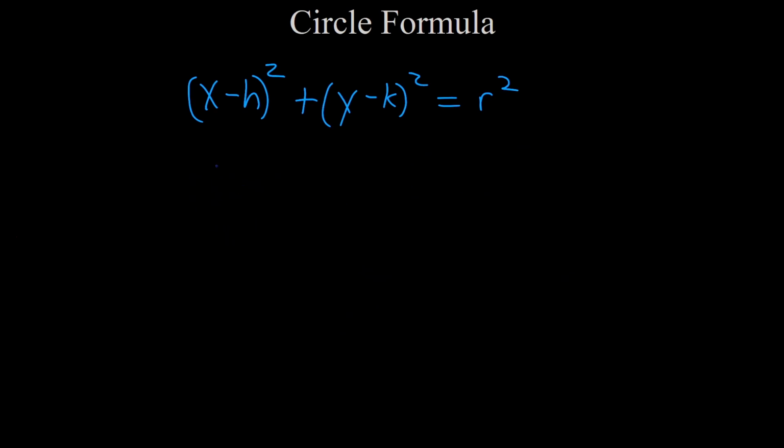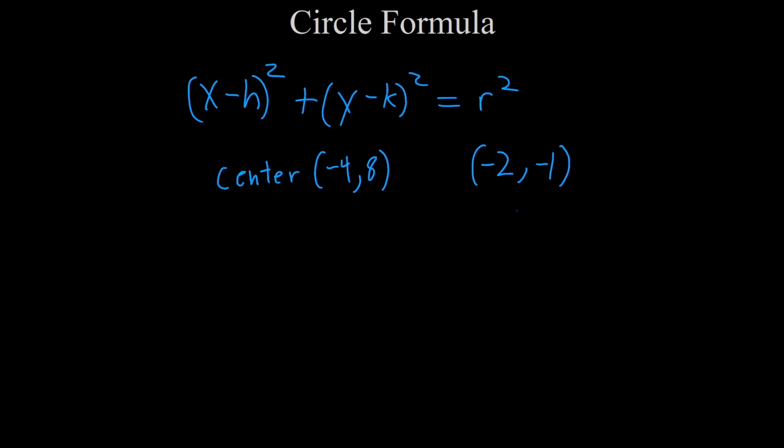Let's look at when we are given information like the center of the circle is at (−4, 8), and we are told that it passes through the point (−2, −1). What should we do in this situation?